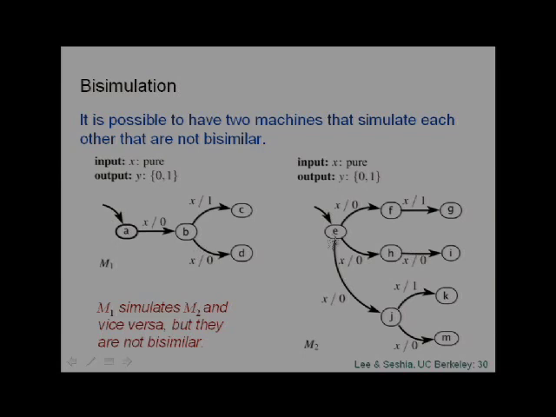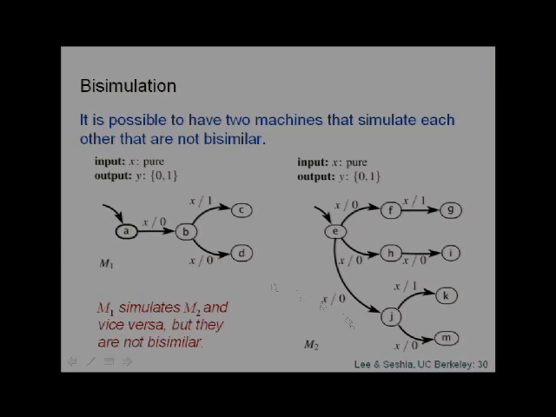So we know that M2 can simulate M1, unlike the previous example, and we also can reason about the fact that M1 simulates M2 because irrespective of where M2 goes, like if M2 goes down here, then M1 and M2 are exactly the same. They behave exactly the same, and if M2 goes to one of these two states, then also M1 can match its behavior, right?